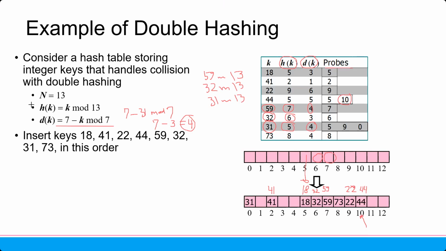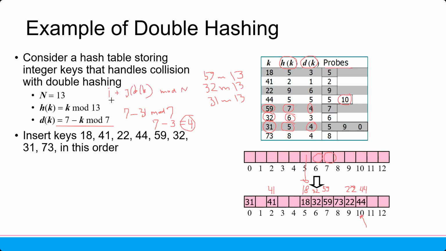For the probes, we use the function I plus J multiplied by the decay, mod n, which is mod 13.